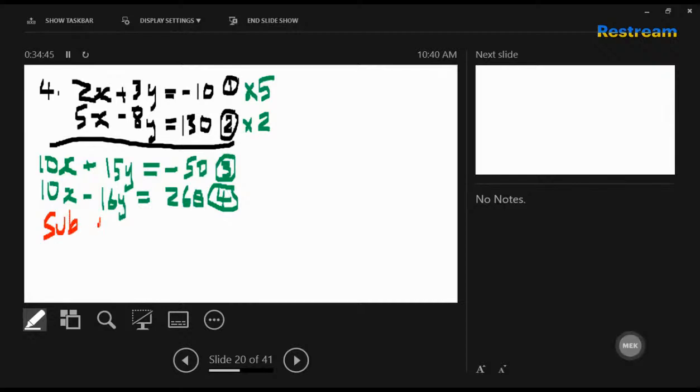So we're going to subtract equation 4 from equation 3. And when we do that, 10x minus 10x eliminates the x. 15 minus negative 16, I believe that would give me 31.